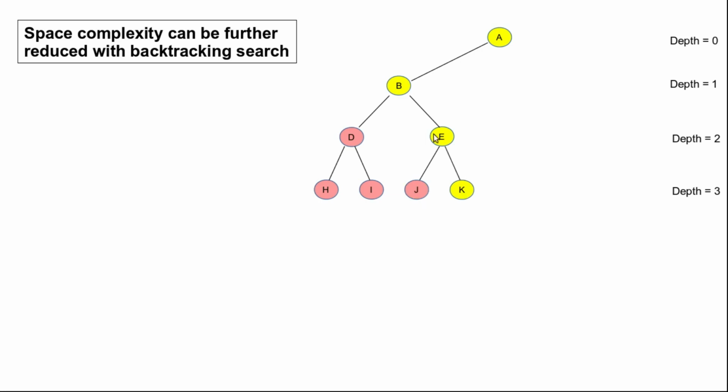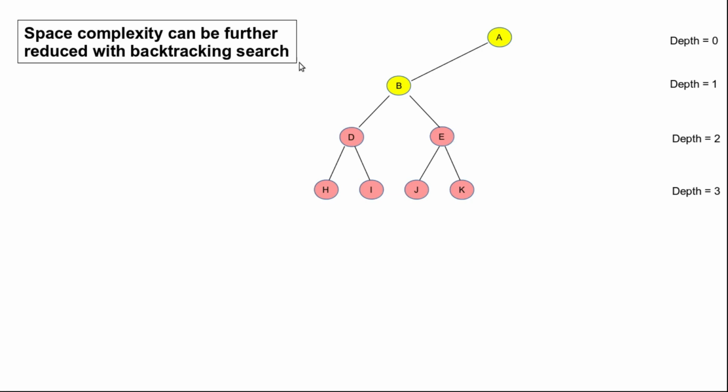We backtrack to E, and then we see if we can generate any more successor nodes for E. Yes, we can, and that node is K. For K, we cannot generate any more nodes, so exploration of K is complete. Now we backtrack to E and check if E has any more unexplored successors. E does not, so exploration of E is also complete.